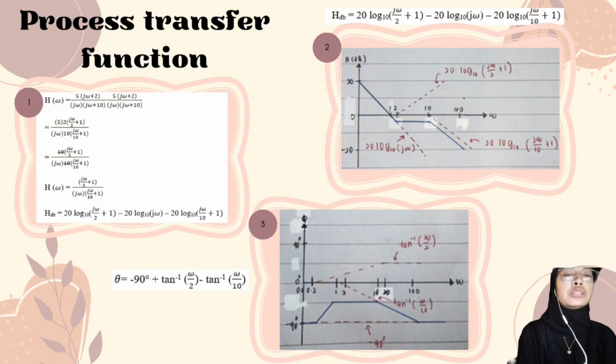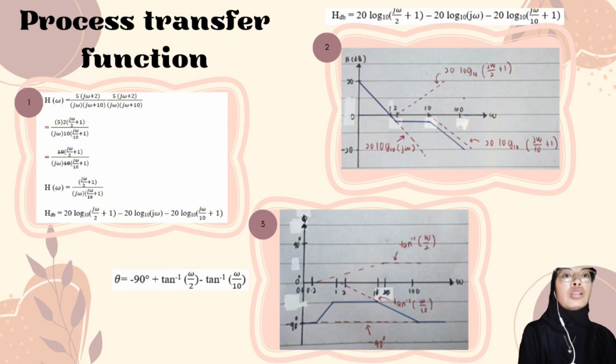As we get the answer of H in dB, we will draw a graph of H in dB, where the y-axis will be H in dB and the x-axis will be omega.